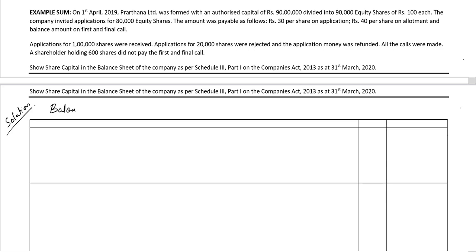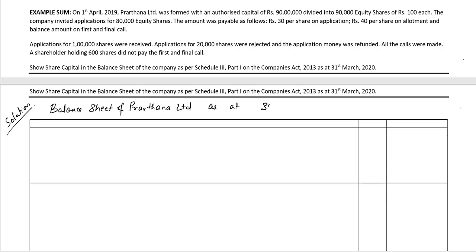Balance sheet of Prarthana Limited as at 31st March 2020. We have the particulars column, note number, and the rupee column.